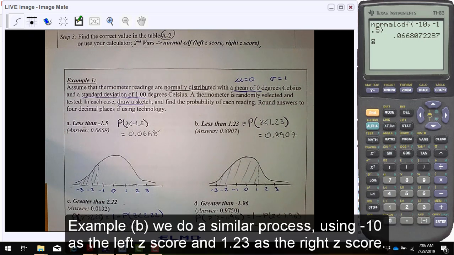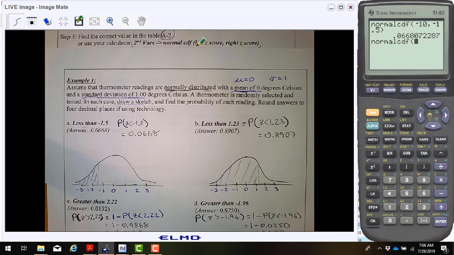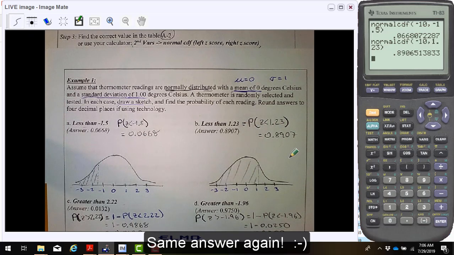Example B, we do a similar process using -10 as the left z-score and 1.23 as the right z-score. Same answer again.